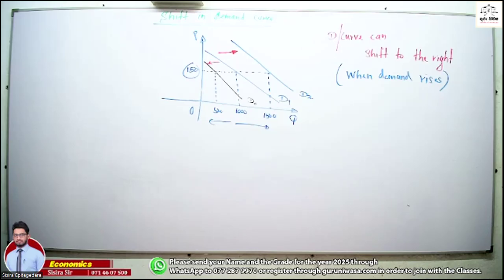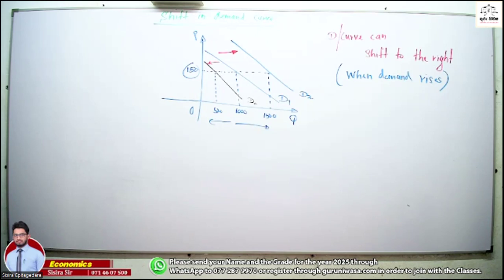The entire demand curve shifts to the left side or right side. Can you see that? Not one point. Clear? This is called a shift in demand curve.